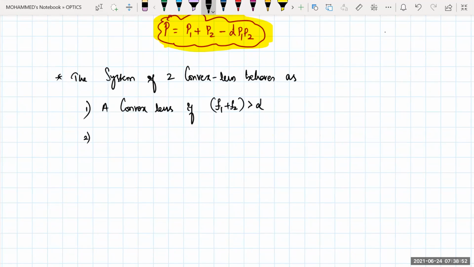Number two, a glass plate if f1 plus f2 is equal to d.